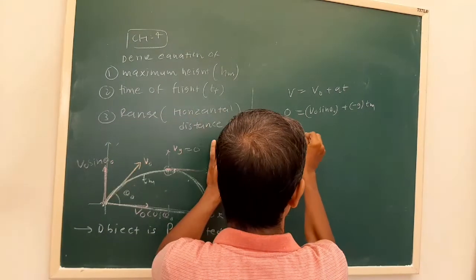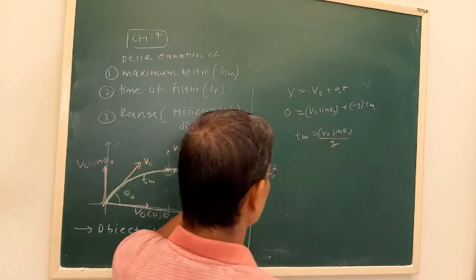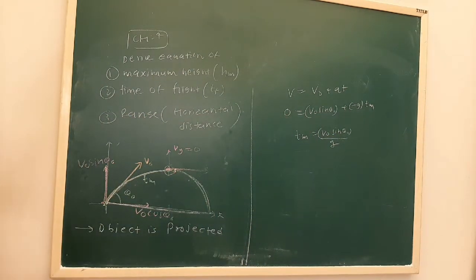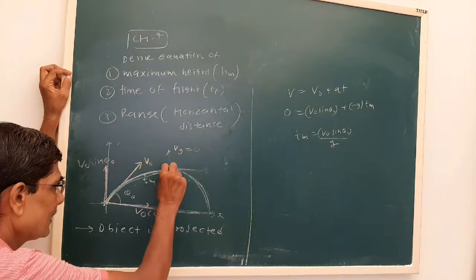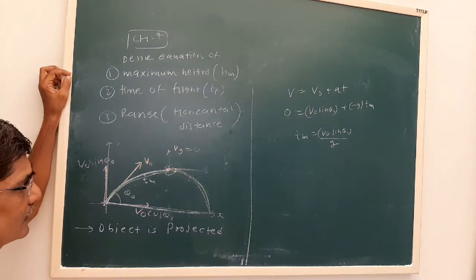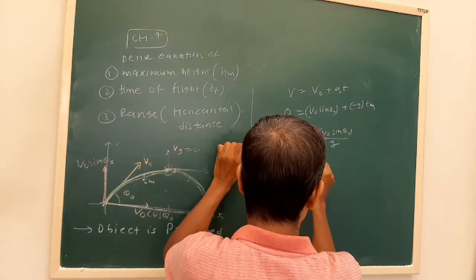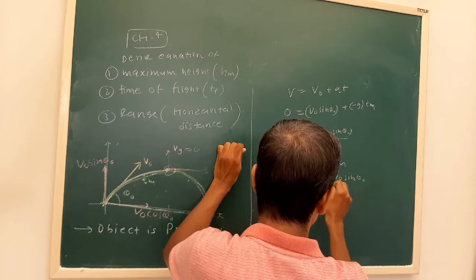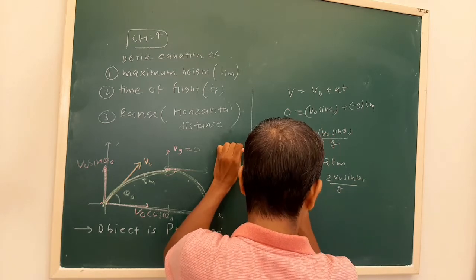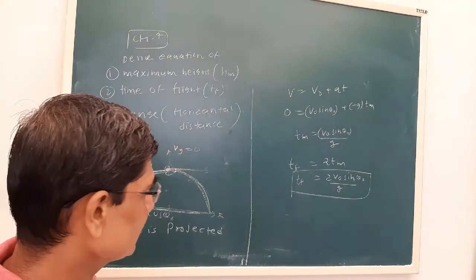So Tm will be v0 sin theta upon g. Similar time will be required to reach the ground again, so the time of flight Tf will be 2 Tm, that is 2 v0 sin theta upon g. This is the equation for the time of flight.